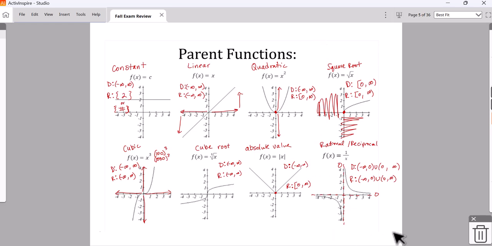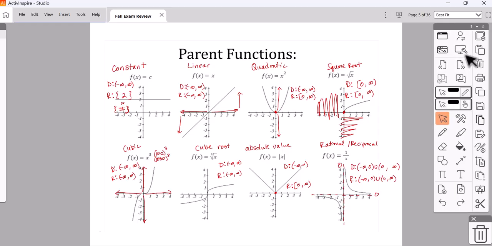But square root and rational are going to be our problem children. The square root function cannot have any negatives, and the rational function cannot equal 0. So the denominator cannot equal 0, and this one underneath the square root needs to be a positive number. Therefore, x is greater than or equal to 0.